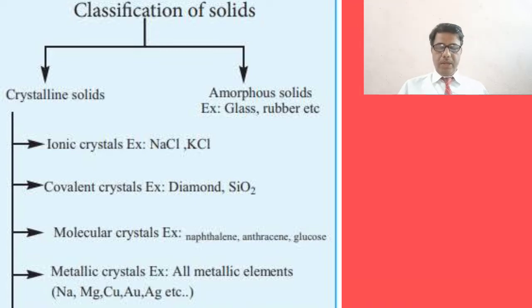And the last one, metallic crystals, are particularly metals such as sodium, potassium, calcium, iron, silver, gold, etc. These are the examples of these solids or crystals.